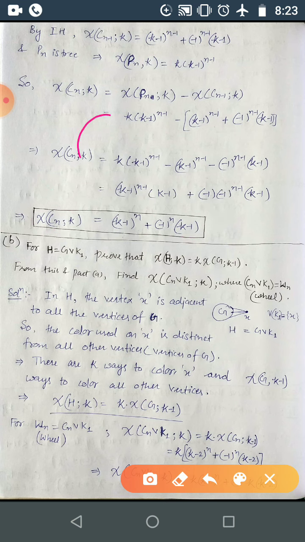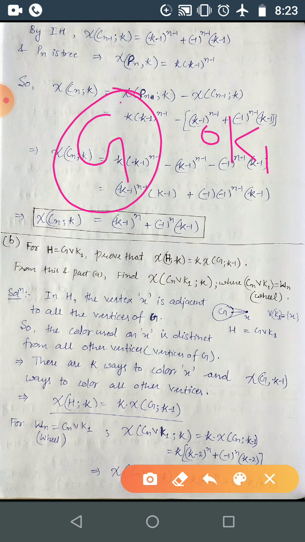Now G is a graph join with K1. How to get join of two graphs? There is some graph, every vertex of this one will be adjacent with all the vertices of G. So then we will be getting the join of this one, correct? So join will be containing G as well as this K1, and all the vertices of G will be adjacent with K1.